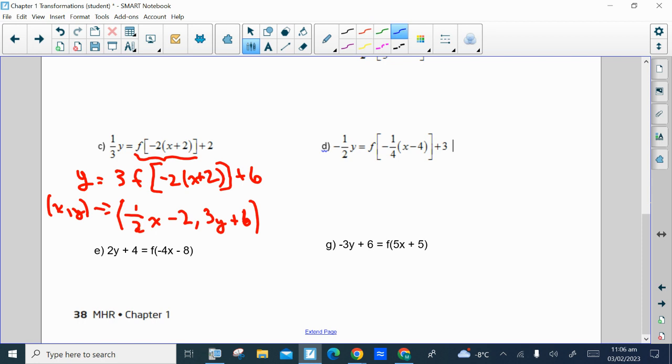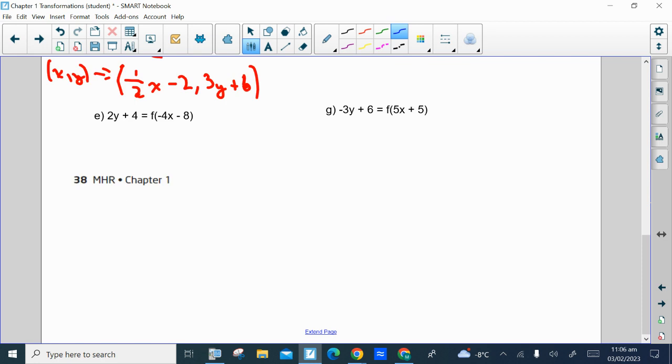Let's skip down to question E. There's a series of things that we need to do here to get y by itself. I would start by first subtracting the 4 from both sides. As well, notice that b and x minus h are not separated by brackets. So we have to do that as well by taking out a common factor of negative 4 inside those brackets, which will leave us with x plus 2.